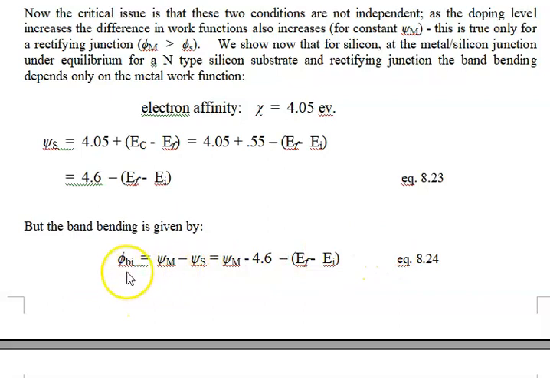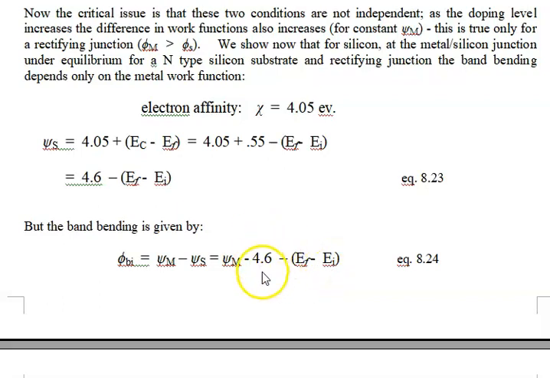This gives the barrier for electron motion from silicon into the metal. That's the thing we're going to raise up or lower depending on how we apply an external voltage. And it's equal to the metal work function, which is a constant, minus this thing right here, E_f minus E_i in this case.